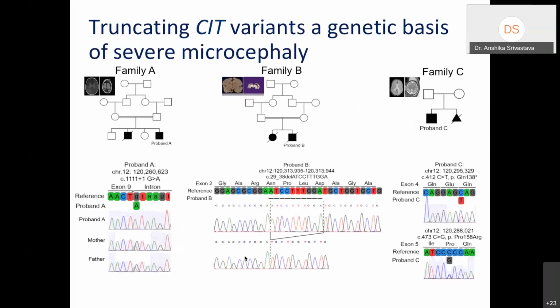So this was the identified cohort from GeneMatcher, where family B was a consanguineous family, and there was a deletion of nucleotides, whereas in family C, there was a truncation of the protein.